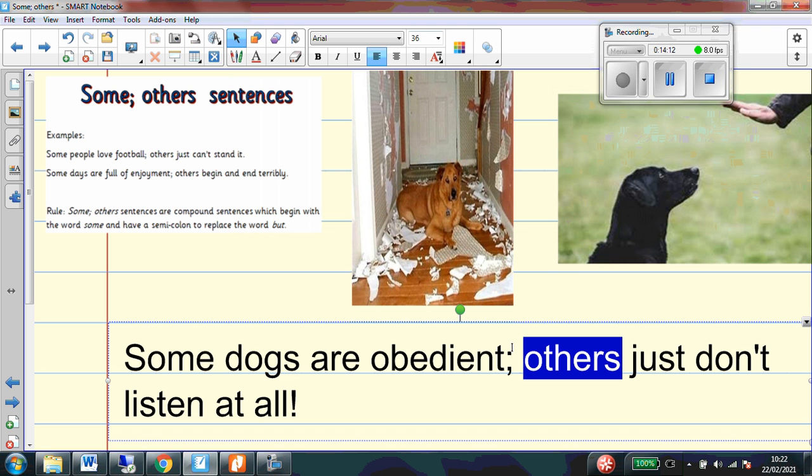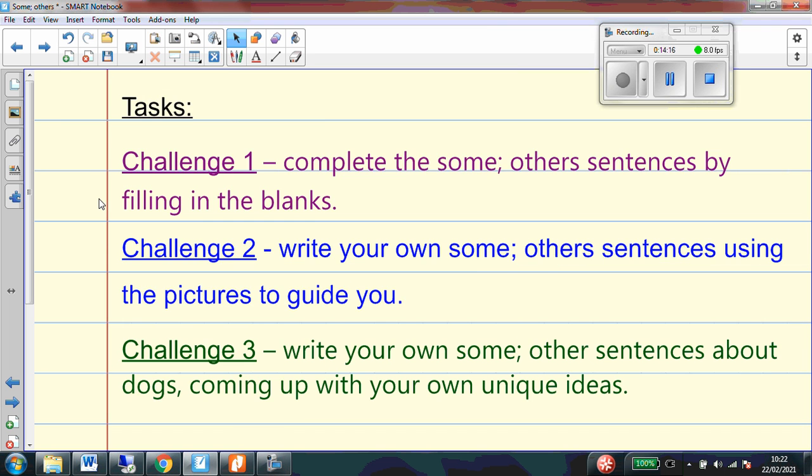Okay, right, your challenge today then. Let's have a look at what we will be doing. So there are 3 challenges for you to do today. The first challenge is to complete the some other sentences which are on the worksheet. So you need to fill in the blanks.